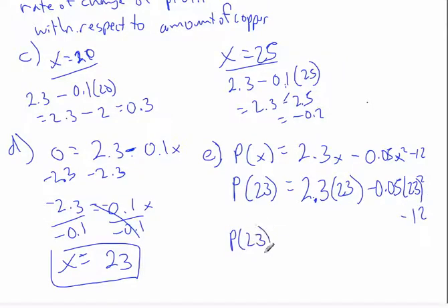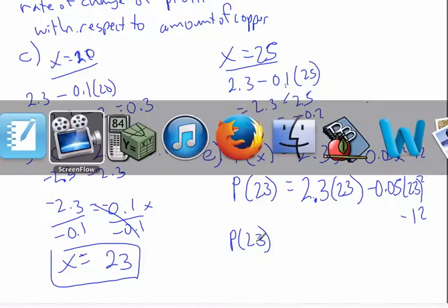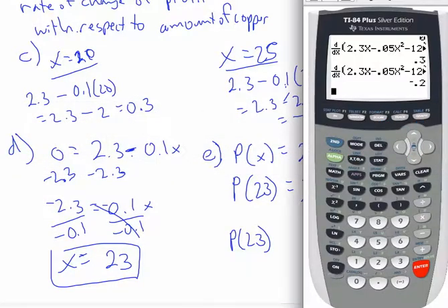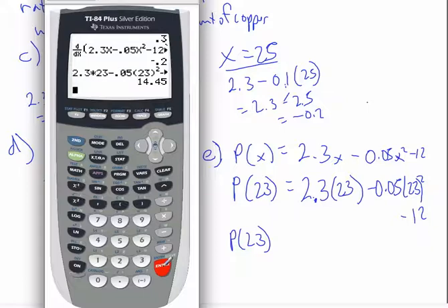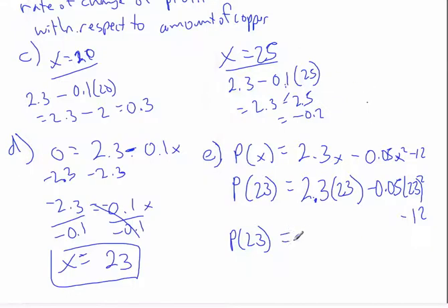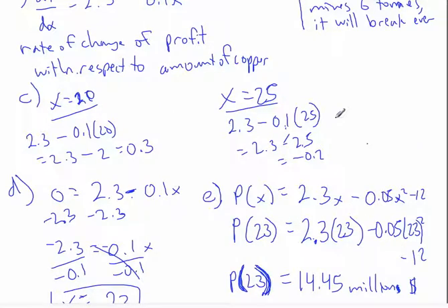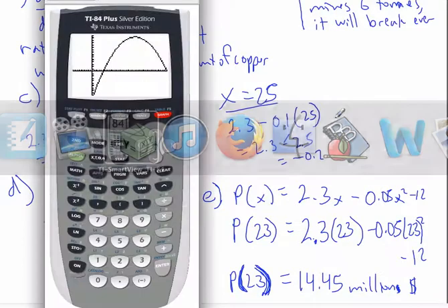So P of 23, which means the profit after 23 tons of copper is mined, is, let's just type that on the calculator. So we get 14.45. So remember that means $14.45 million.